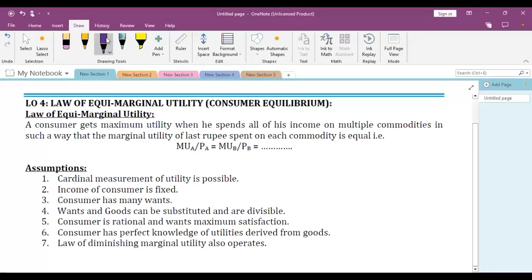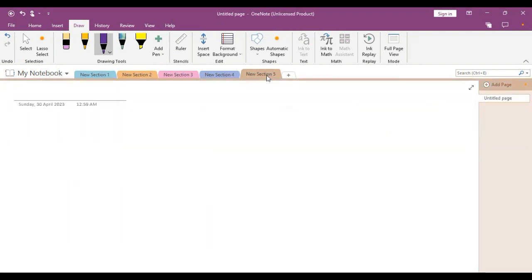Today we are present in our next economics class with the fourth learning objective, that is Law of Equi-Marginal Utility. In previous classes, we have studied different concepts relating to utility.